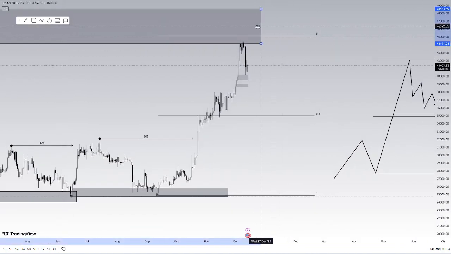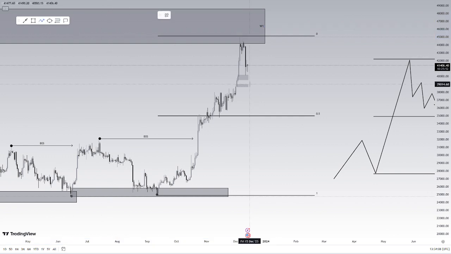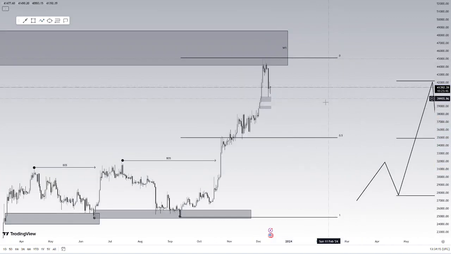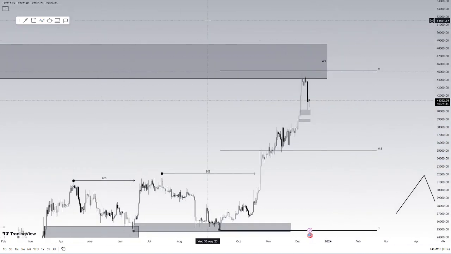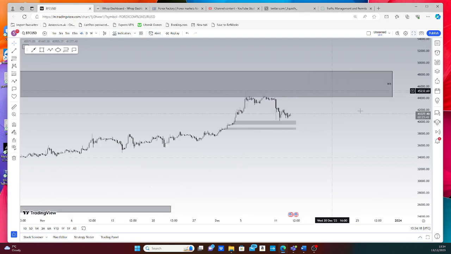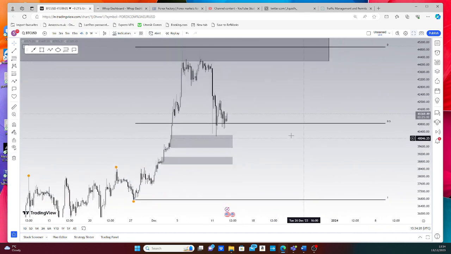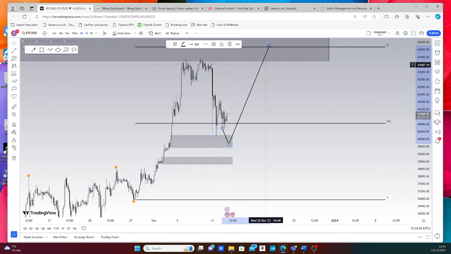If we see a sustained bearish break from here, we could head down into discount levels before continuing higher. Or, like the 4-hour suggests, we could just see price bounce off one of these POIs, either this one or this one over here.